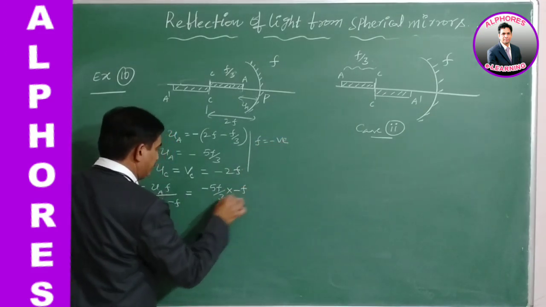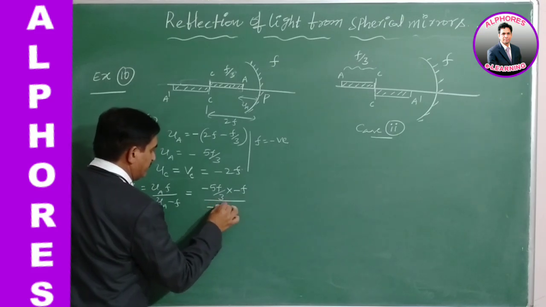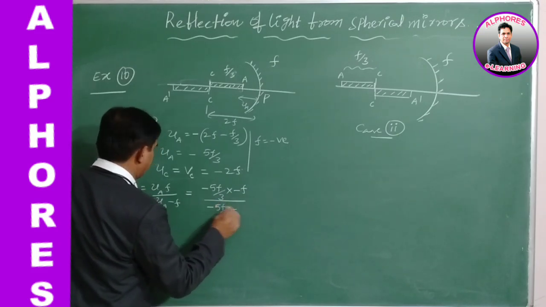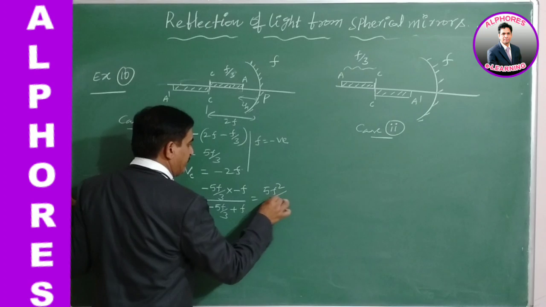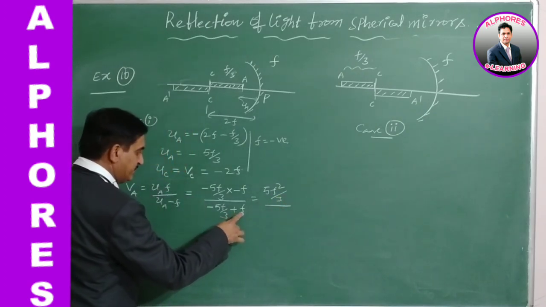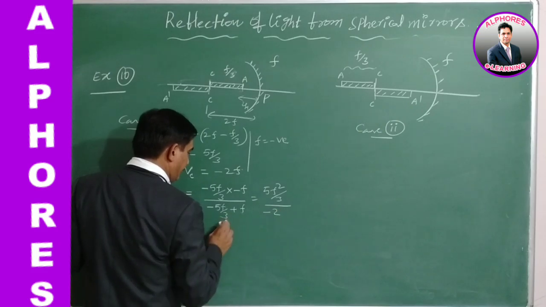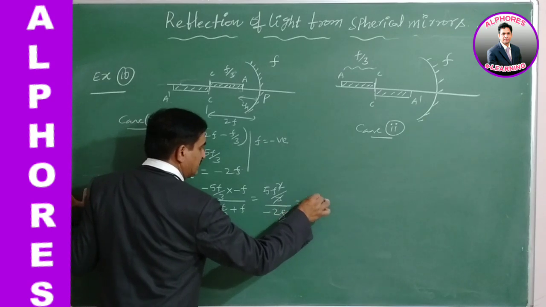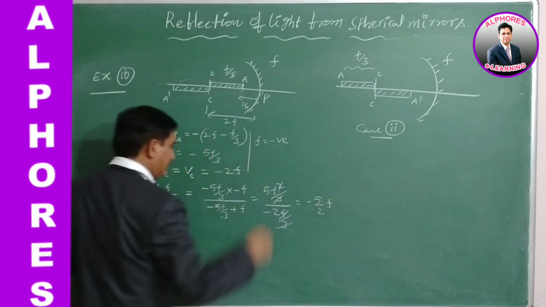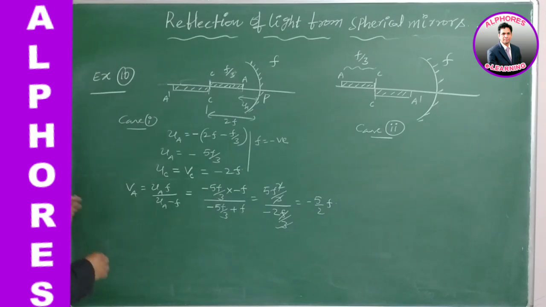Therefore VA is minus F by minus 5F by 3, minus of minus plus F. Simplifying, 5F square by 3 divided by minus 2F by 3, the 3 gets cancelled, giving minus 5 by 2 F. So this is VA. Now the length of the object is already given, how much? F by 3. Length of the image is how much? Image length.